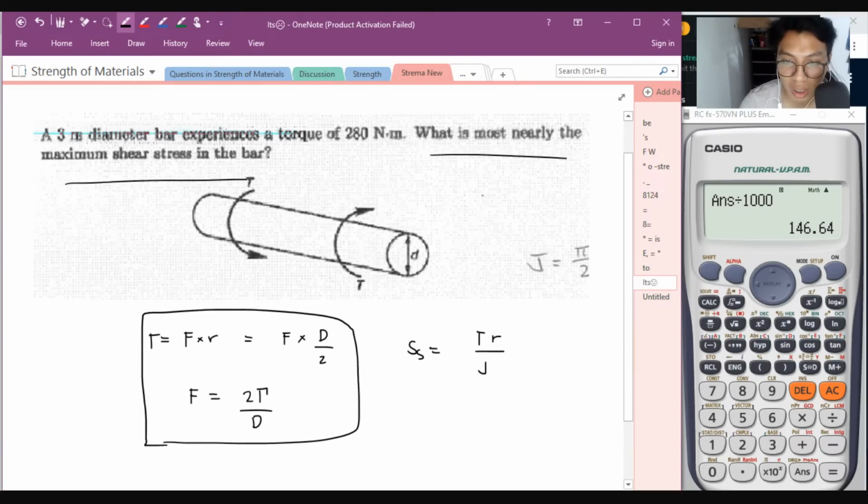For circular sections, J is pi over 32 d to the fourth. 2 times 2 times 2 is 16. Ah, correct, I was right.